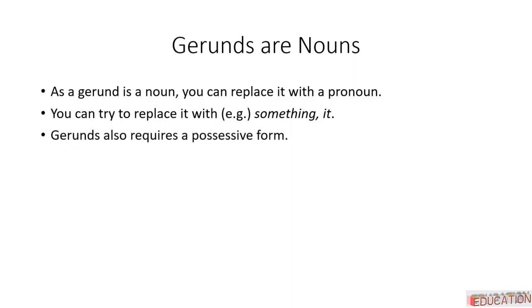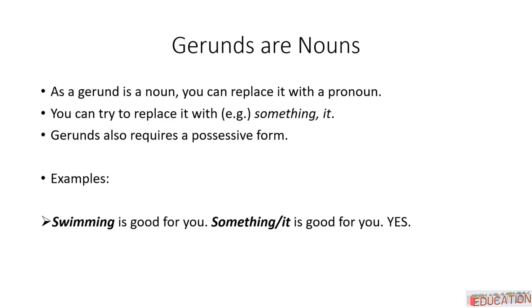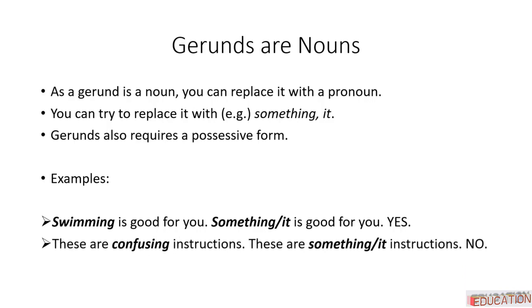And gerunds also require a possessive form. So here are some examples. Swimming is good for you. Now, because it's a noun, we can say something is good for you or it is good for you. So that's good. Yep, it's a gerund. These are confusing instructions. These are something instructions or these are it instructions.